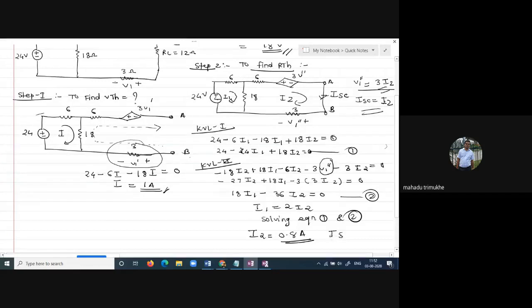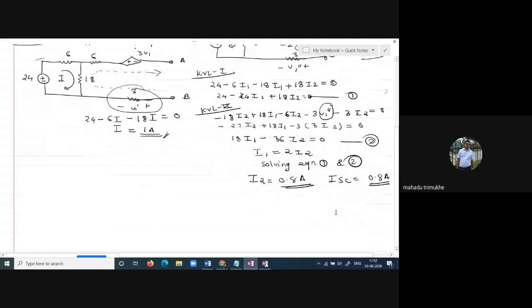Means ISC is nothing but 0.8 ampere. If you get the value of ISC, then you can easily find out RTH. Now our aim is finding out RTH. How to find out RTH? Is there any formula?